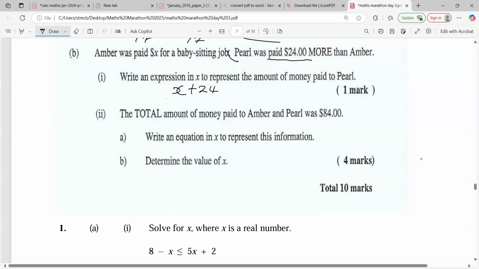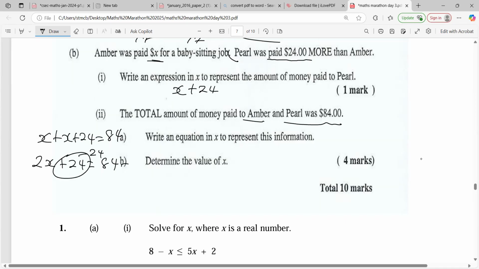The total amount of money paid to Amber and Pearl was $84. So Amber was x, it actually told us that, and then the next one was x plus 24. Now together they get $84, right? So we can just solve this simple equation. x and x, 2x plus 24 equals 84.